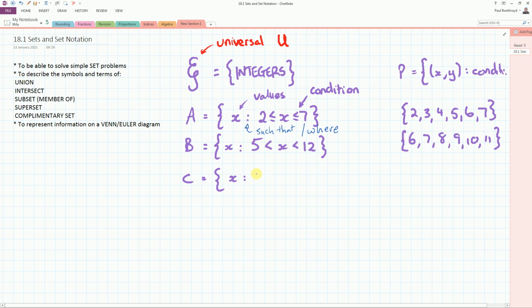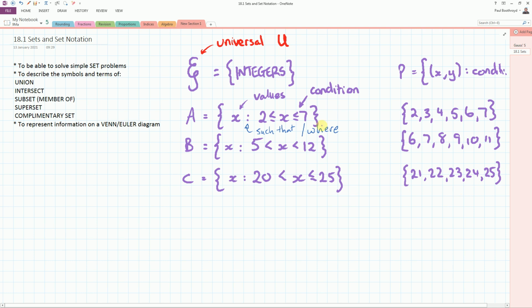This last one is 20 is less than X is less than or equal to 25. Okay, so that gives me numbers 21, 22, 23, 24, and 25, including the 25.